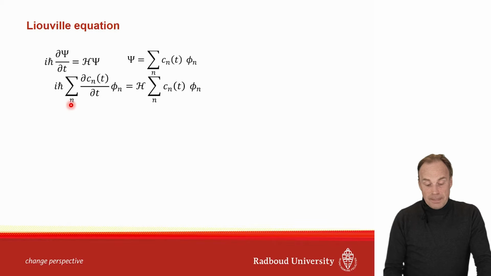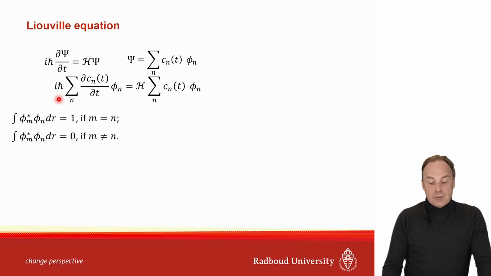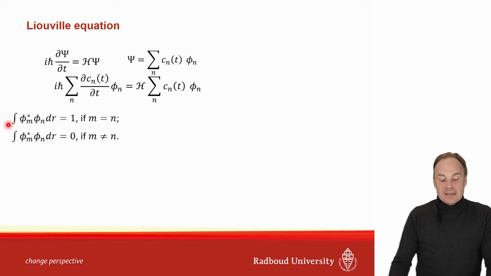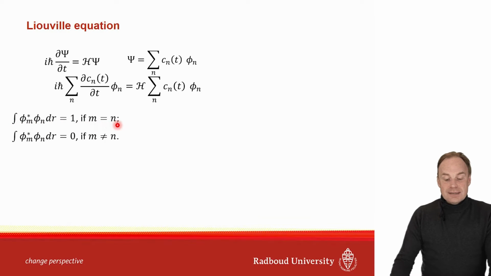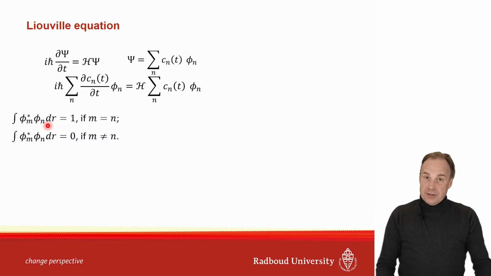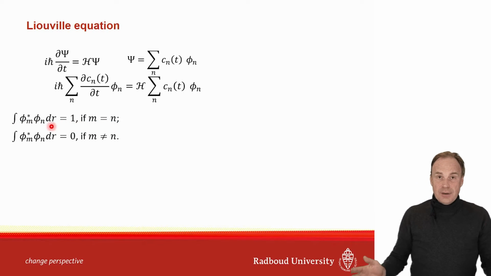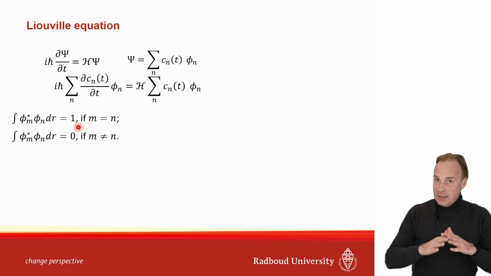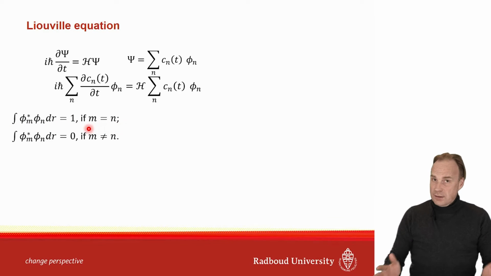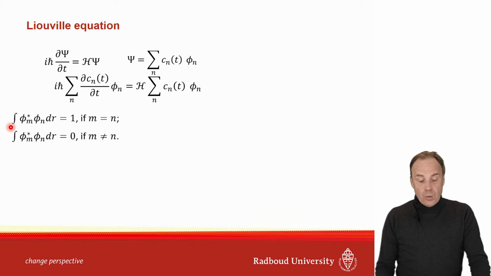Now you can take into account two facts. If you take the product of the complex conjugate wave function m and wave function n, and integrate this over the whole space, if m is equal to n, we have to get 1, because the probability to find a certain particle in space is 1.